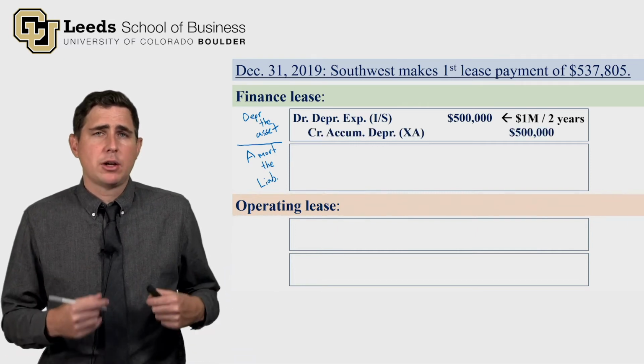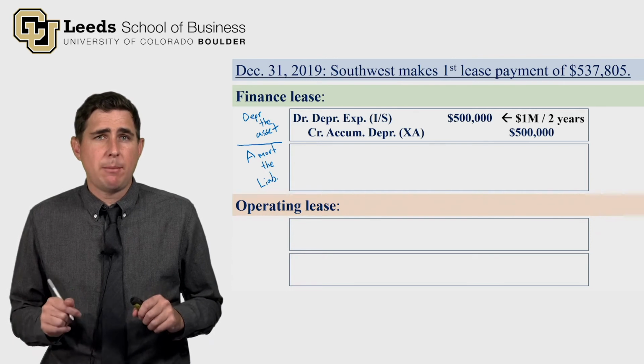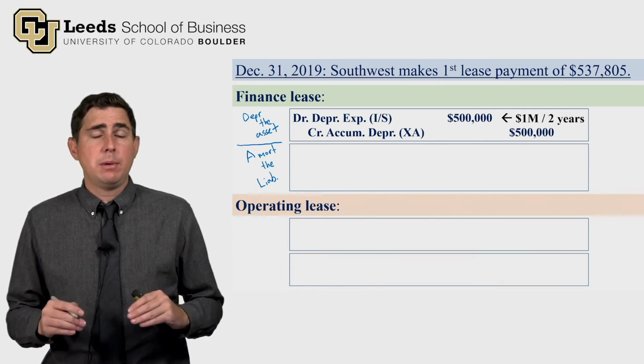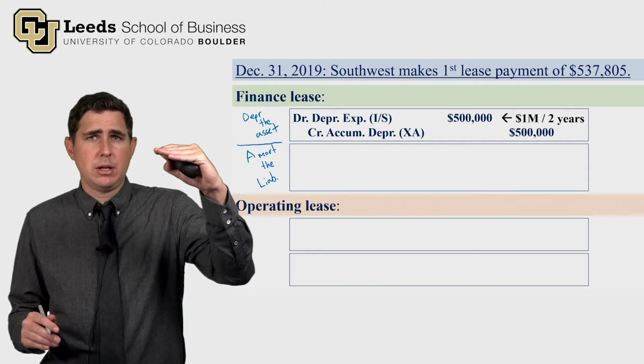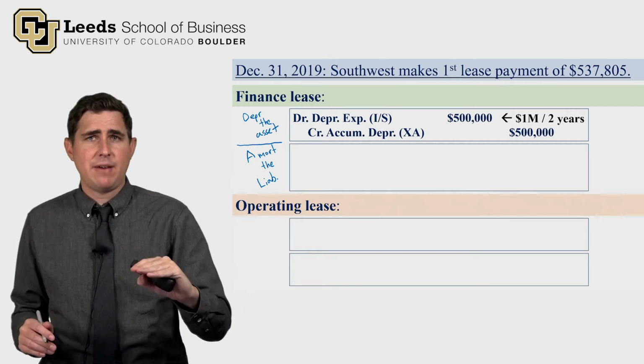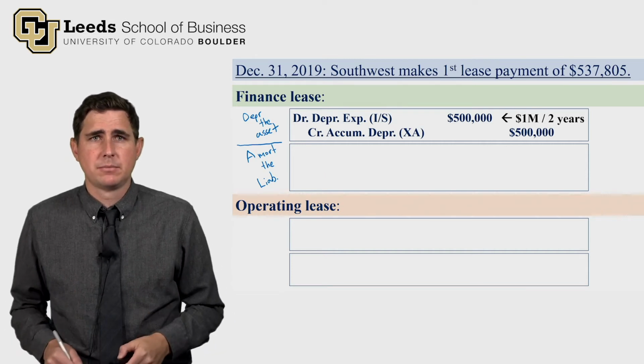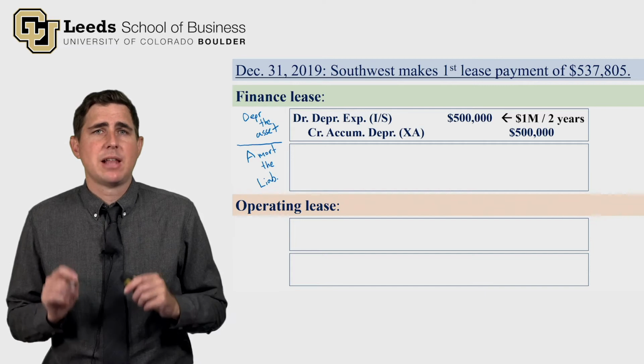And we'll credit accumulated depreciation, which is, remember, that contra asset account attached to the PP&E account. So the PP&E balance started at $1 million, then it went down by $500,000 after the first year. That's depreciating the asset.